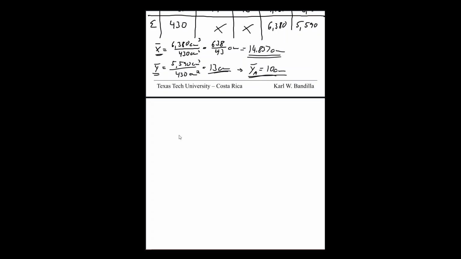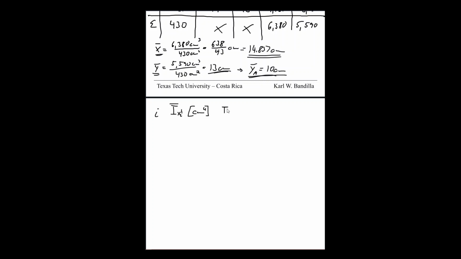Now that we have our centroid, we can go ahead and find our moments of inertia. Right? For that, we'll need another table. Do multiple tables because it doesn't fit on one page. So let's see. We will have I xi prime bar, centimeter to the fourth.